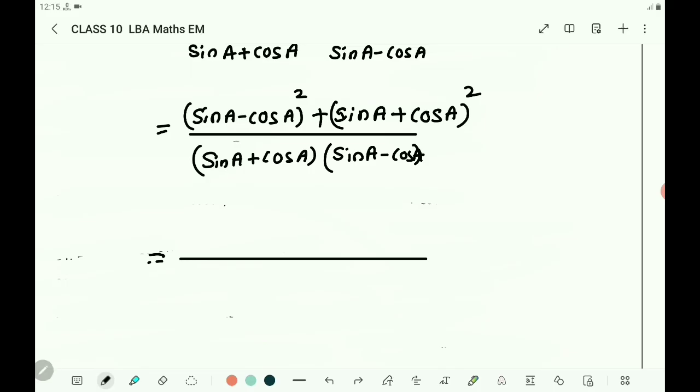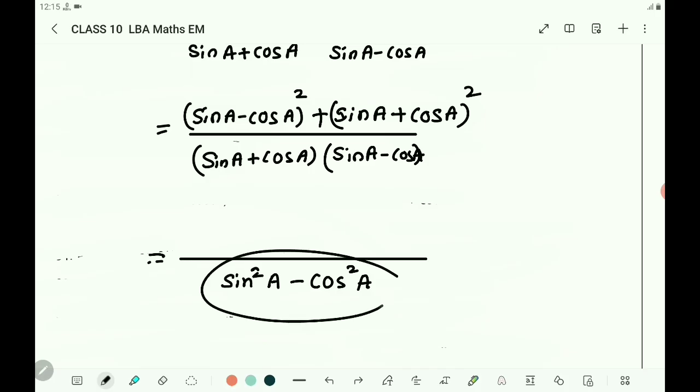So sin square A minus cos square A. It becomes sin square A, which is A square, cos square A, which is B square. A square minus B square is nothing but here sin square minus cos square.